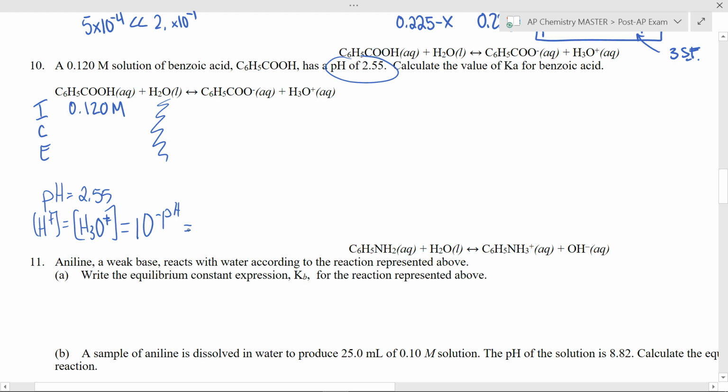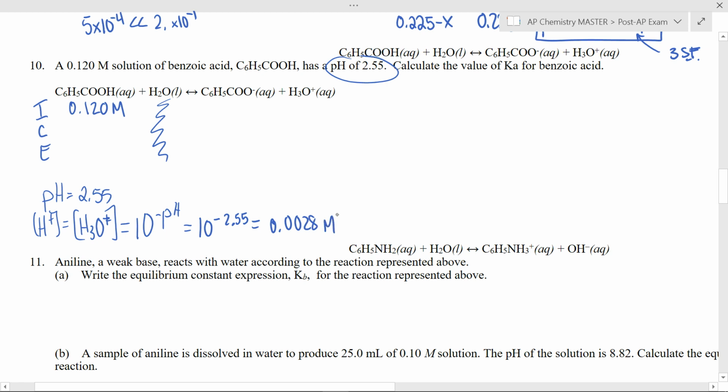So what this means is when you dissolve the acid in water, it makes a solution that has a pH of 2.55. So that means that when the solution has formed, you're going to have a hydrogen ion concentration of 0.0028 molar. So where would that fit in your ICE chart?